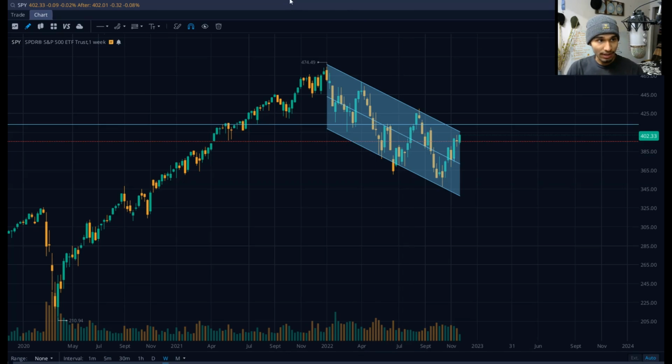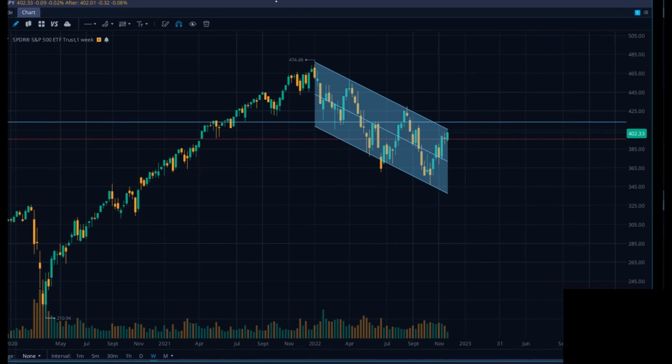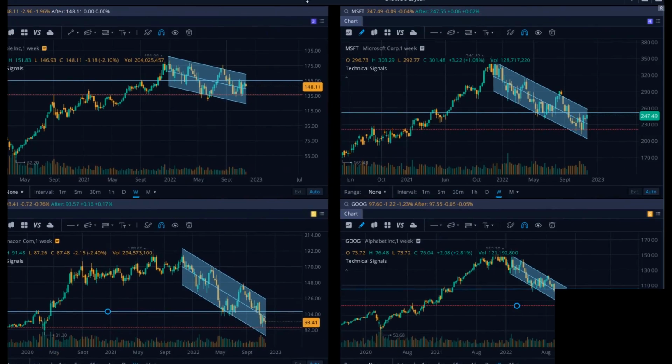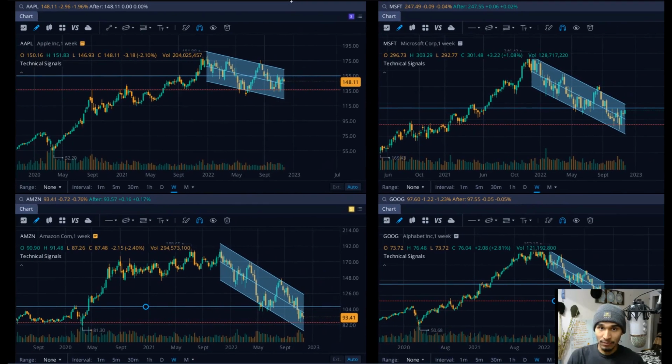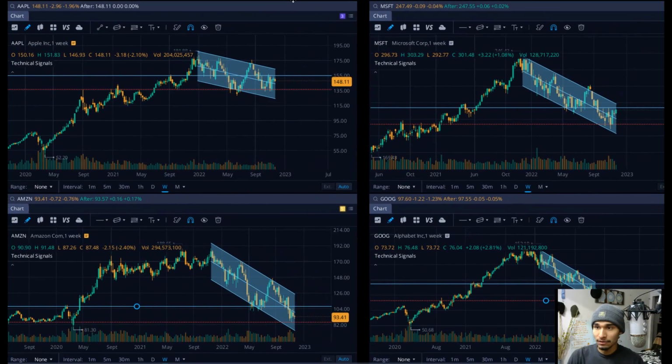But before we get into that, I want to elaborate more on the trend right now. We know that the S&P is composed of 500 of the most important stocks. So let's take a look at some of those. Obviously not all of them, but 4 of them, the top 4 companies in America: Apple, Microsoft, Amazon, and Google.